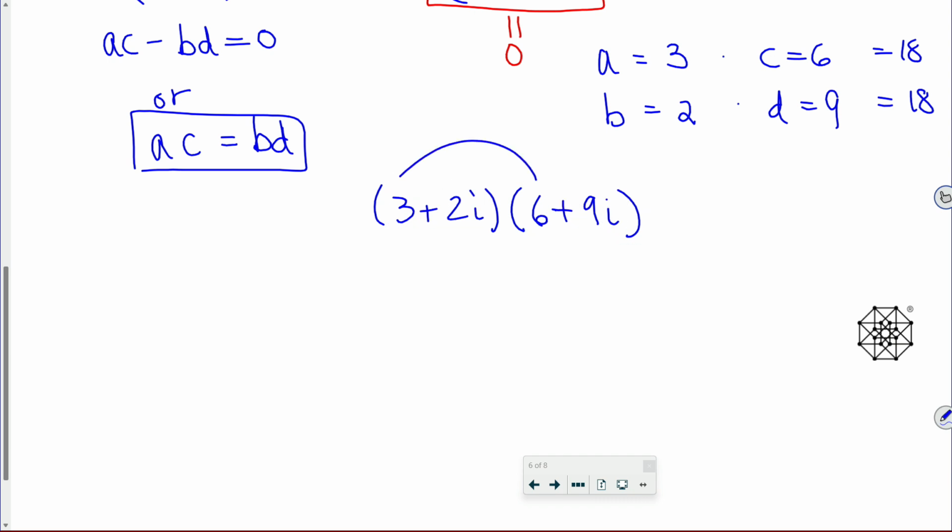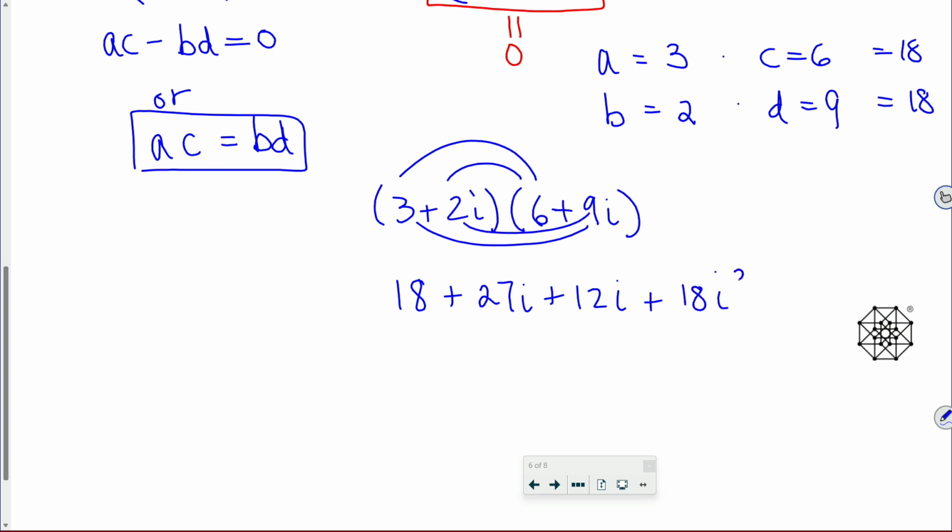All right. 3 times 6, that's going to be 18, right? Then I'll do 3 times 9i, that'll be 27i. Then I'll do 2i times 6, that'll be 12i. And then let me do 2i times 9i, and that's going to be 18i squared.